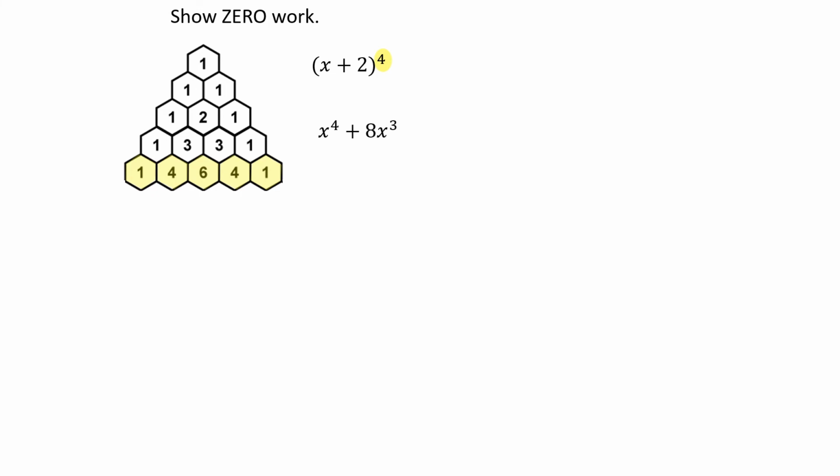I'll need 6 times 2 squared, which is 24, with my x squared. I'll need 4 times 2 to the third. 4 times 8 is 32, with my x. And then I'll need 1 times 2 to the fourth. 2 to the fourth, of course, is 16. There's my answer.